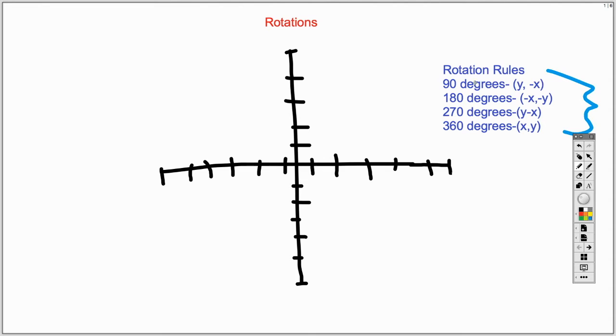These rules are counterclockwise, and most of the time in geometry, you do rotations counterclockwise. Let's suppose we were told 90 clockwise, then we would actually follow the rule of 270 counterclockwise, which I'll talk about later.